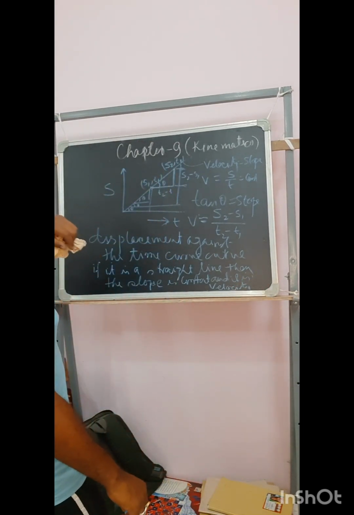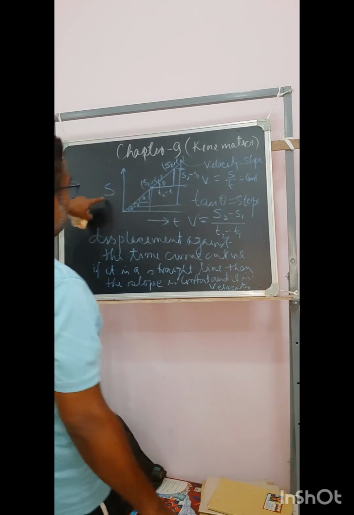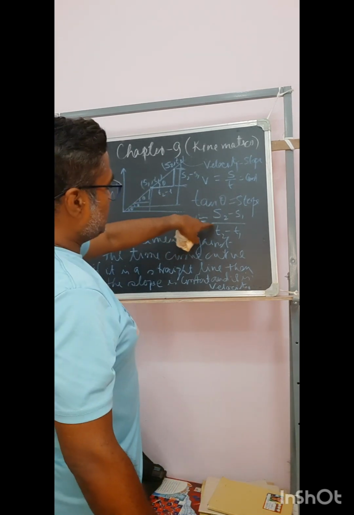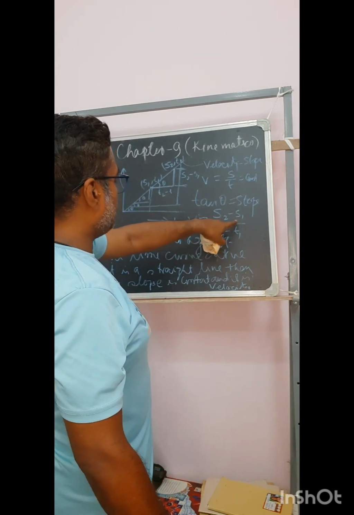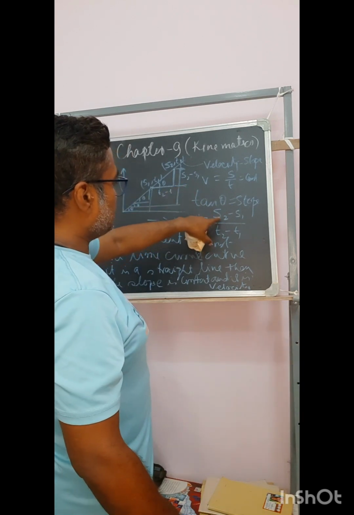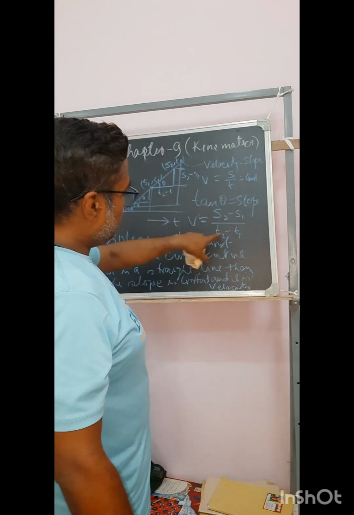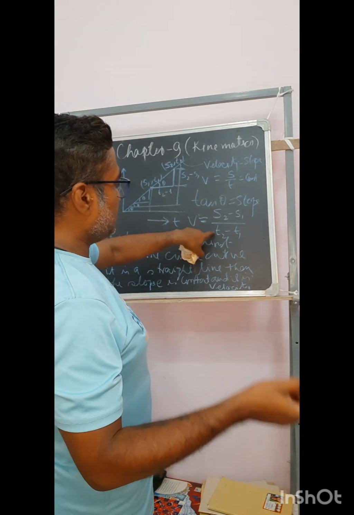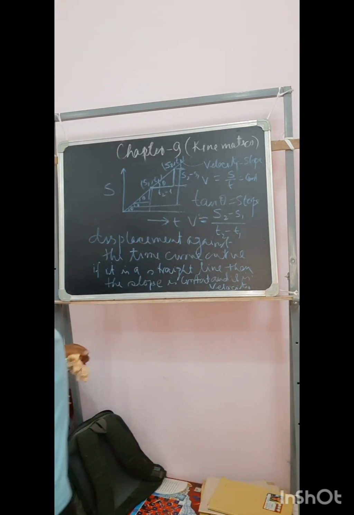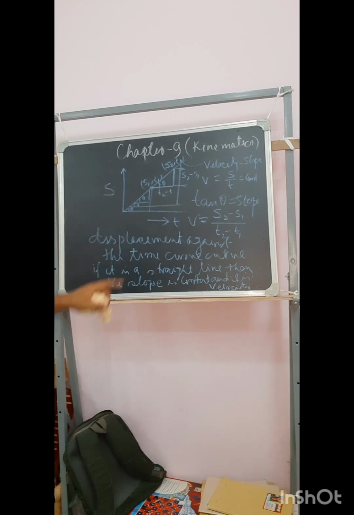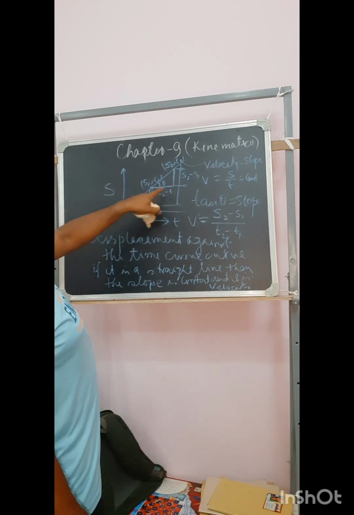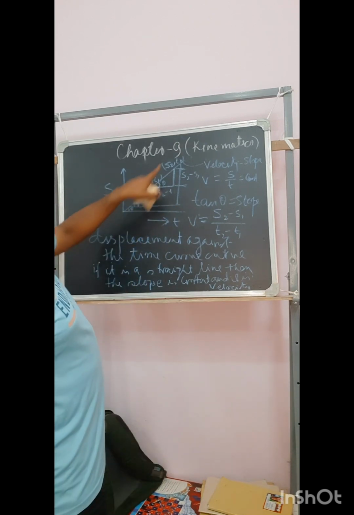So that means this v is the velocity and it is the slope of the curve, and it is calculated for any span where the change in displacement is s2 minus s1, between the time span t2 minus t1. The tan theta will be the same everywhere if you consider any span.